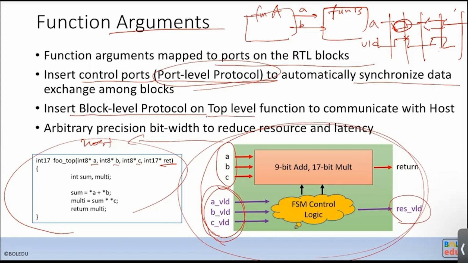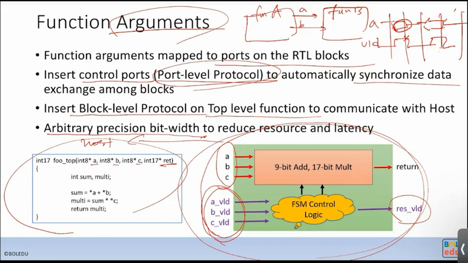Besides, the argument has a data type. For the data type, you'd better use arbitrary precision bits. In this example, you know exactly how many bits you need in order to meet your target accuracy.